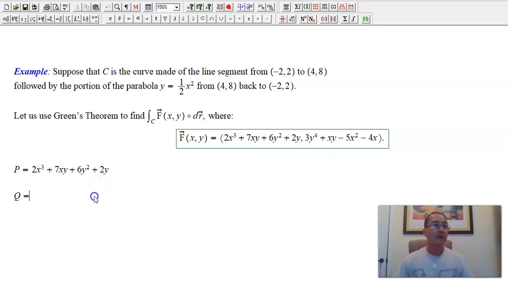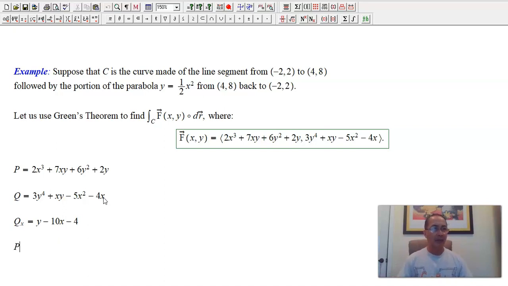So we want qx. Find the partial derivative of q with respect to x. Y goes away. Partial with respect to x produces a y, partial with respect to x of minus 10x, and partial with respect to x of minus 4. So qx looks simpler than what we are looking at right now.